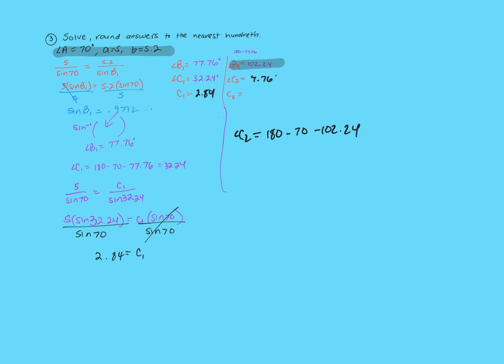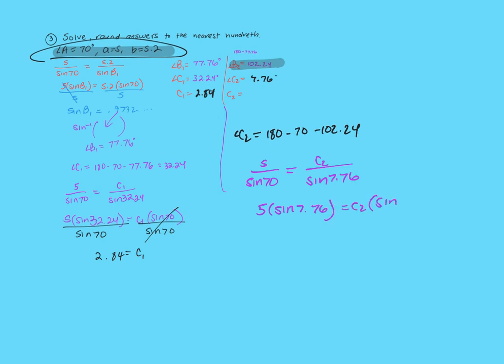So then I've got just side c, but I'm going to use the A's from my original one. So I would do a, which is 5, over the sine of 70 equals C2, which is what I'm missing, over the sine of 7.76. Cross multiply, and then divide.